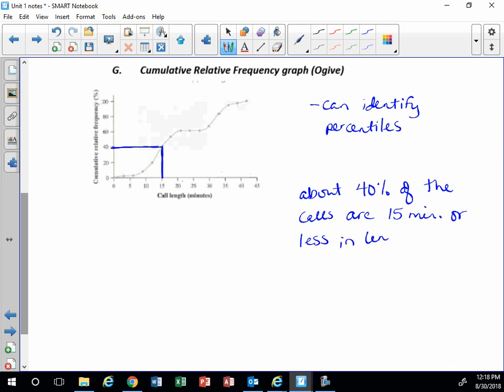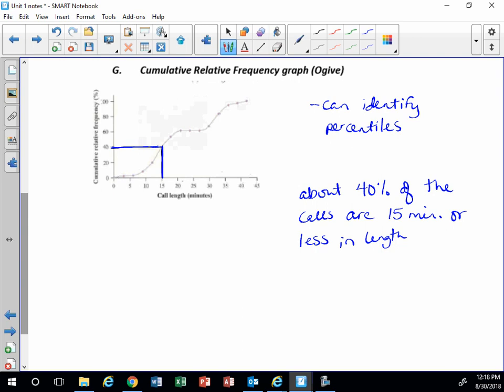So it's not saying that 40% of them are exactly 15 minutes long. This is cumulative. You can see it's adding it up over time until we get to 100% of our data. So when you get to the 10-minute mark, it's 10 minutes and everything less than that. Does that make sense that we're adding it up?